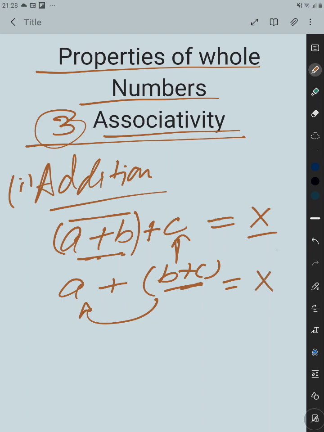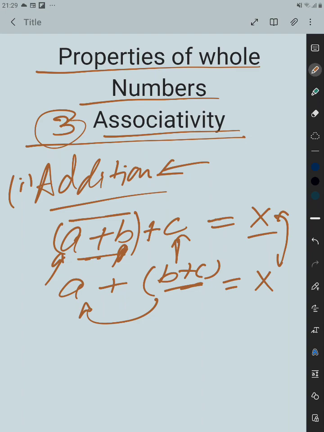If the answer is the same, x, then it means these whole numbers are associative in case of addition. You got my point? If the association between the numbers is changed, will the result differ or not? This is called the associativity of whole numbers. Similar things we'll see in subtraction, multiplication and division.